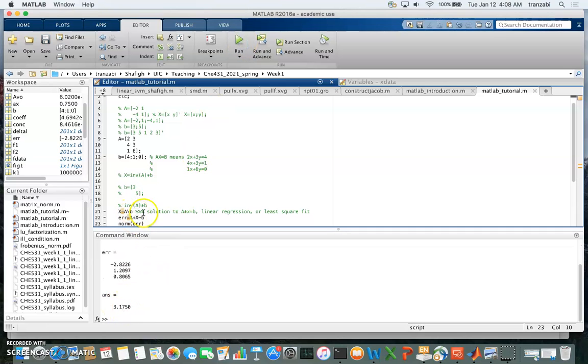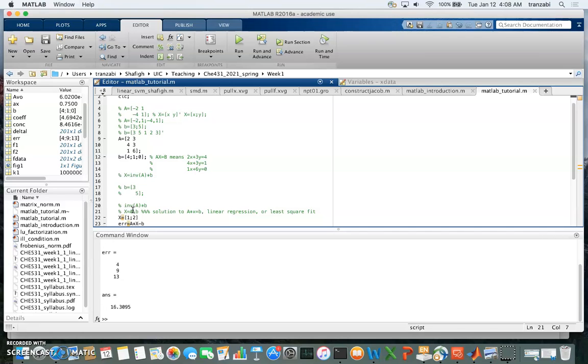So if I use any other x than this, let's say I guess my x to be 1 and 2, I'm going to test this, comment this line, and rerun the code. You see the error is 16.